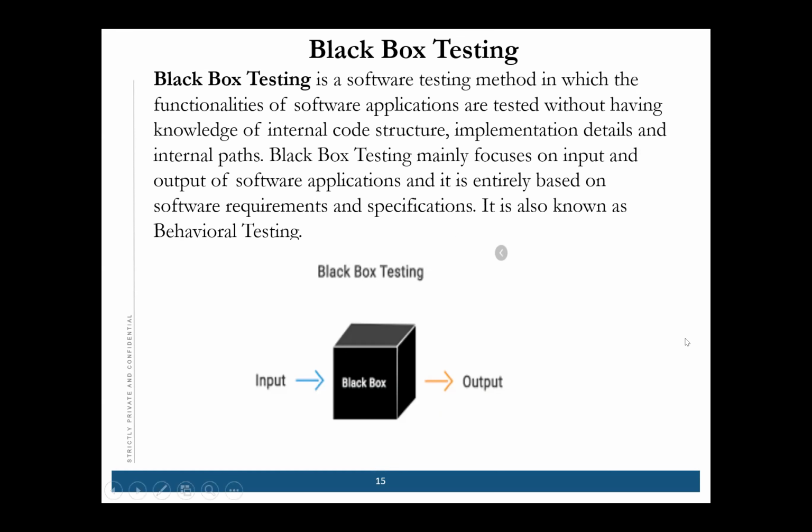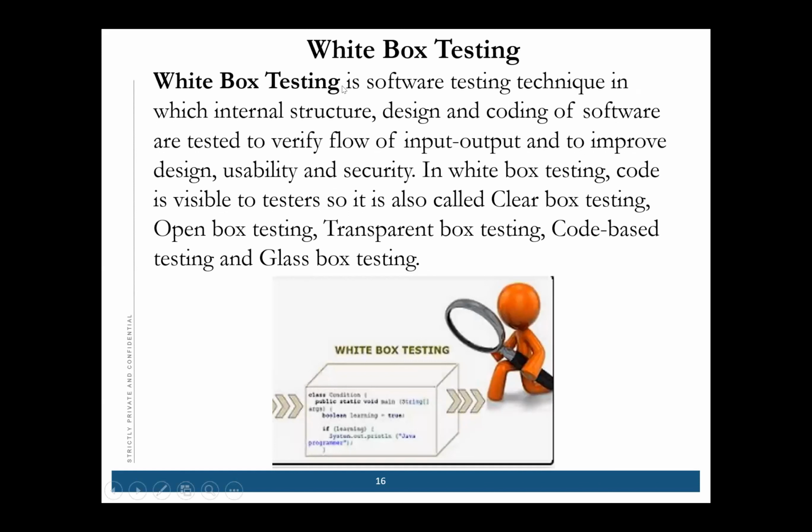Can someone read for white box testing? White box testing is a software testing technique in which the internal structure, design, and coding of software are tested to verify flow of input and output, and to improve design, usability and security.